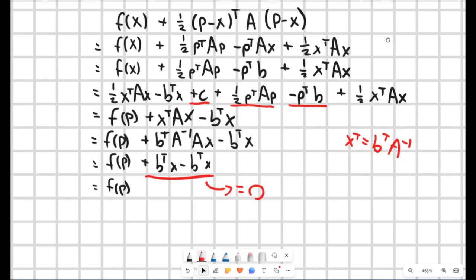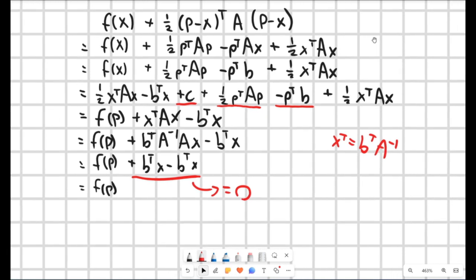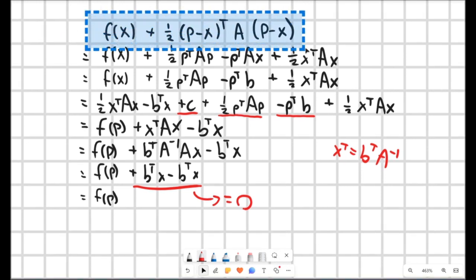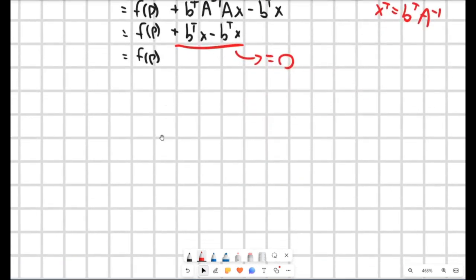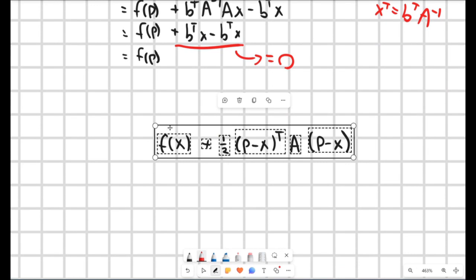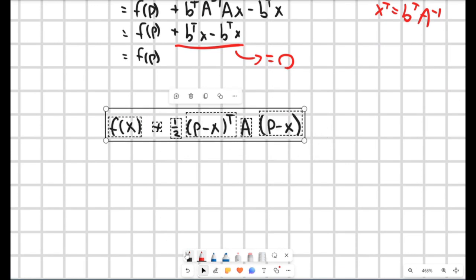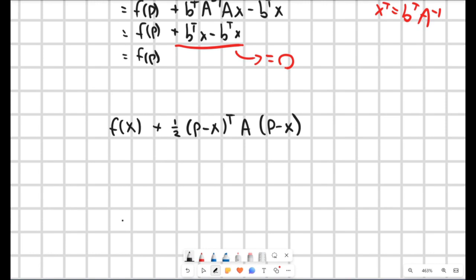Okay, so quite a long proof there, but what we're going to do is put it all together. So I'm going to take this thing, and what we've shown is that that is equal to f of p.